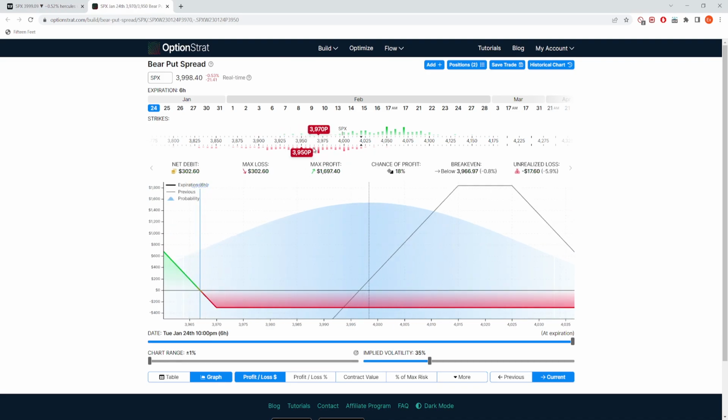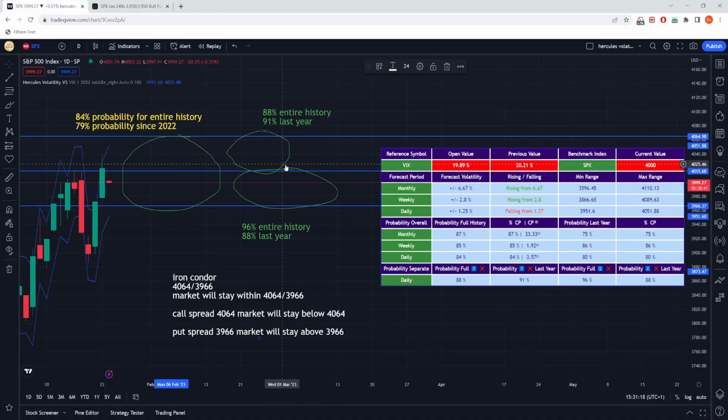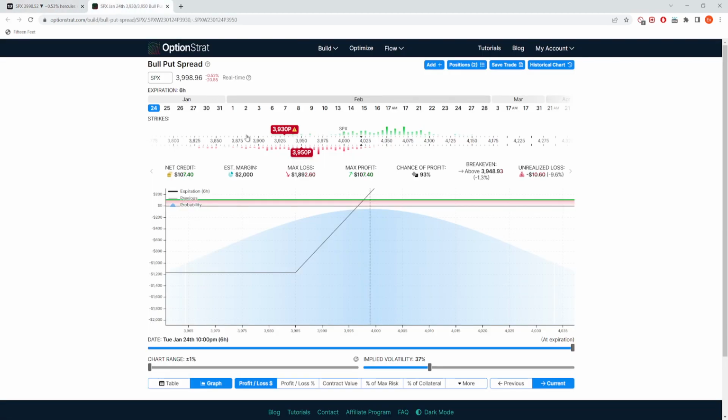So in this case, based on the calculation we have, it would be 3,950 and 450.